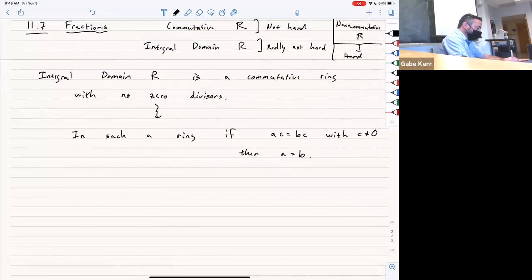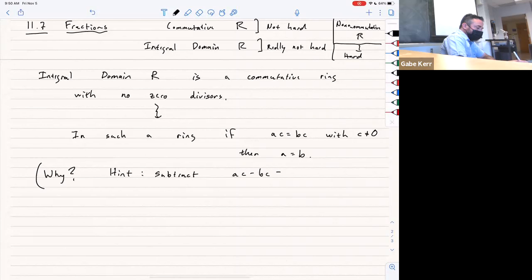Why is this true, by the way? You guys can tell me that. If I have a ring with no zero divisors, why does this hold? Hint: subtract.